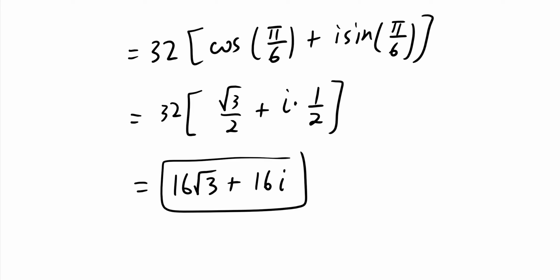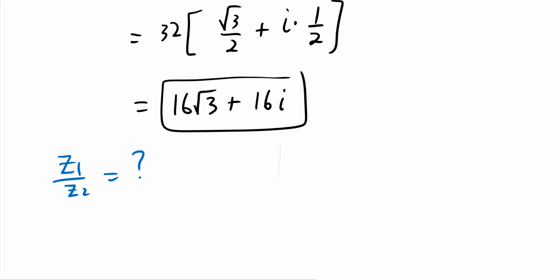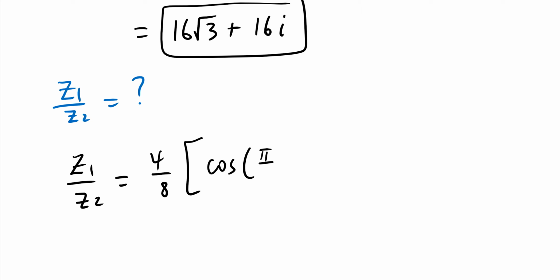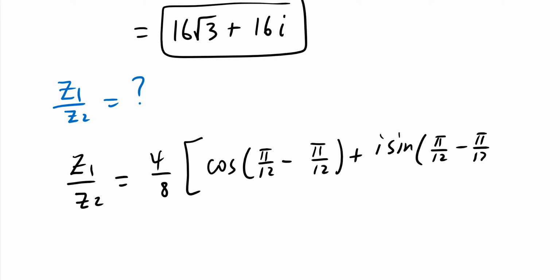We can also do division. What about z1 divided by z2? To do that, we divide the r's, 4 over 8, and then we subtract the angles: cosine of pi over 12 minus pi over 12, plus i sine of pi over 12 minus pi over 12.